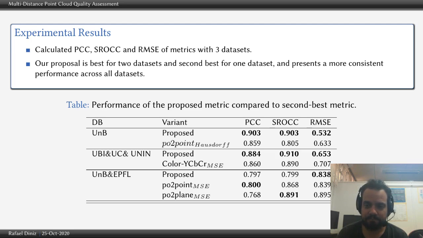The other ones that performed well or second best were the point-to-point MSE and the point-to-plane MSE. For example, the PCC of point-to-plane MSE is 0.003 better, and the SROCC difference is 0.090, right.